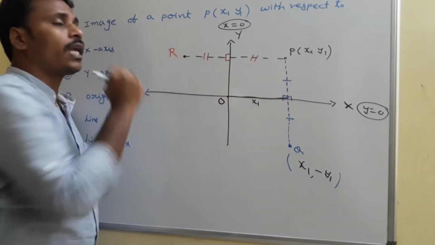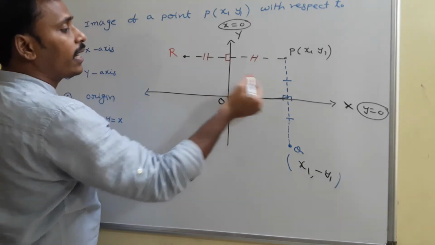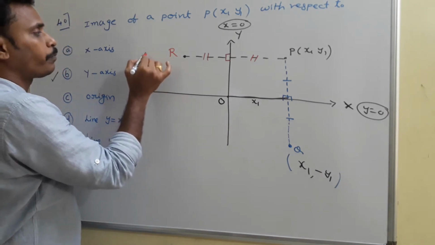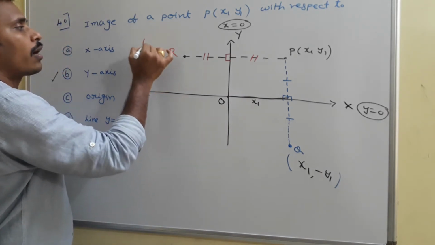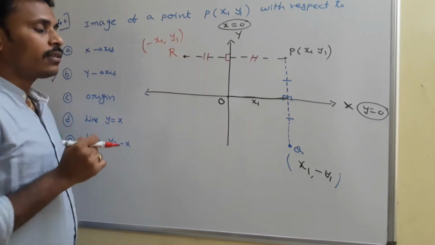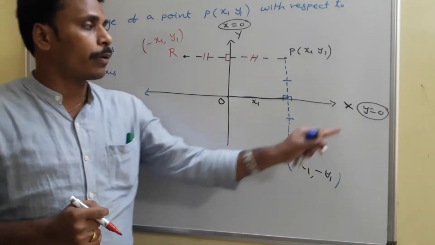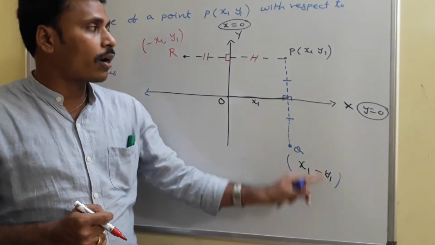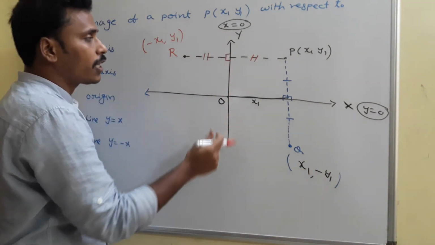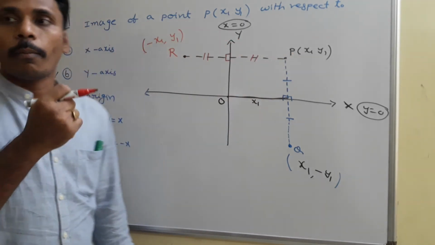So for the point R, again the y coordinate is y1, whereas on the right side this is x1 and on the left side it becomes minus x1. So the coordinates of R are (minus x1, y1). At the end, one thing you need to memorize: if you are writing the image of a point with respect to the x-axis, the y coordinate will change its sign, whereas if you are writing the image with respect to the y-axis, the x coordinate will change with a minus sign.